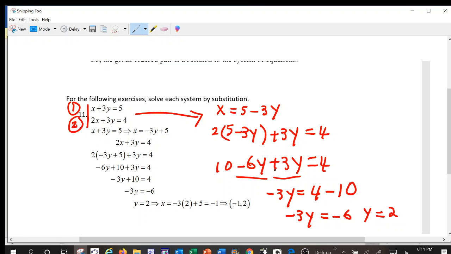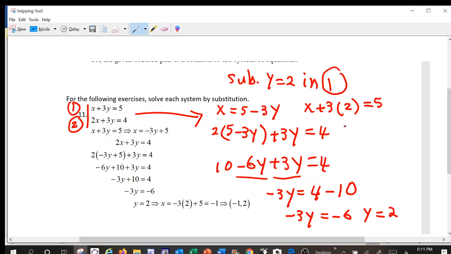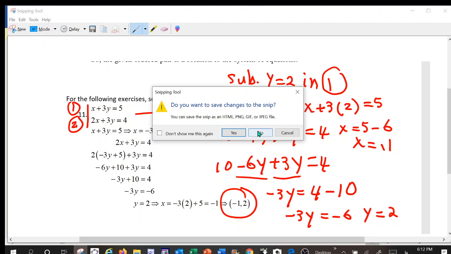We're going to take that number, 2, and substitute y equals 2 in equation 2 or in equation 1, it doesn't matter. Let's do it in 1. In equation 1 we have x plus 3 times 2 equals 5. So x equals 5 minus 6, which is negative 1. So the solution is negative 1 and 2. So that's the substitution method that we talked about.